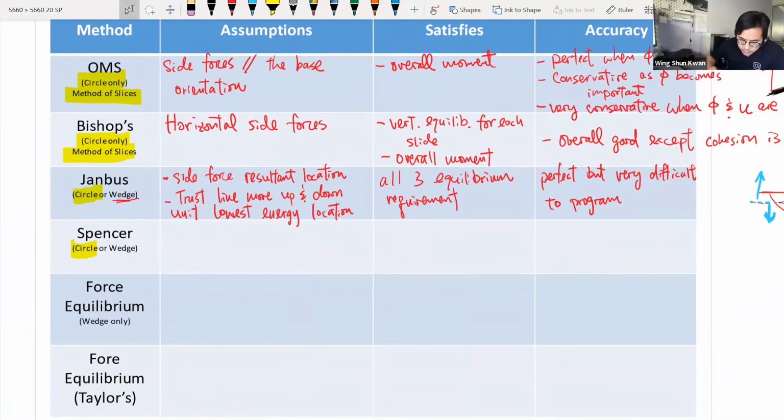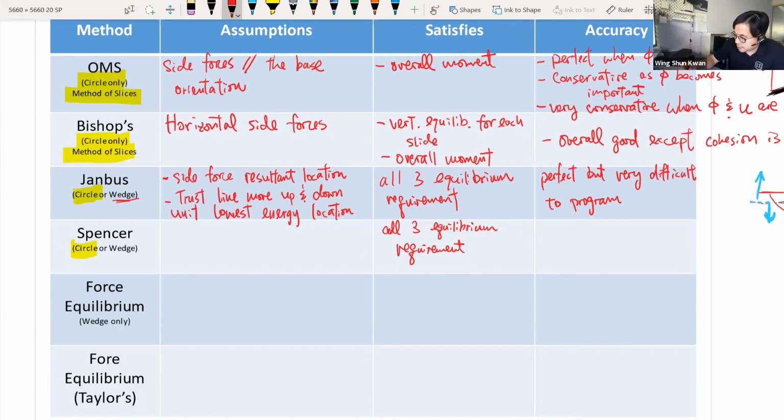So the next method is the Spencer method. Again, it satisfies all three requirements. So those methods are the better ones. It satisfies all the requirements.